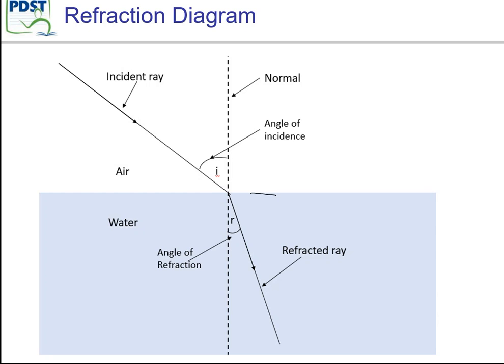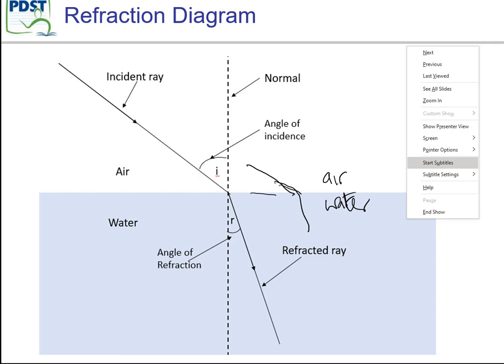It hits the air and water interface. Once it hits here, we see it is bending. It is coming like this, and it bends at the interface. That bending is called refraction.